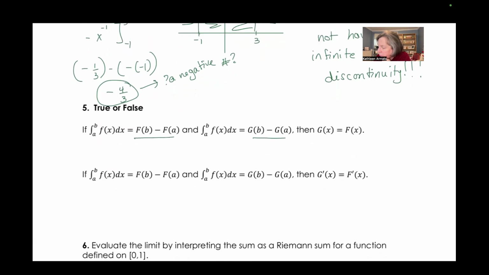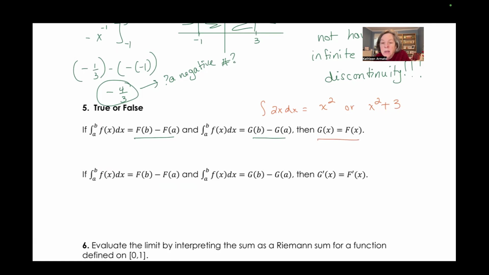So, for example, the integral of 2x dx equals x squared. But it could also be x squared plus 3. Remember, x squared plus c was the general. You can pick any antiderivative. We usually pick the one where c is 0, but you can pick any antiderivative to do this.